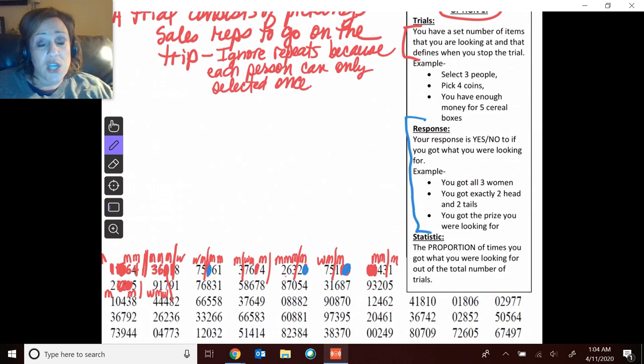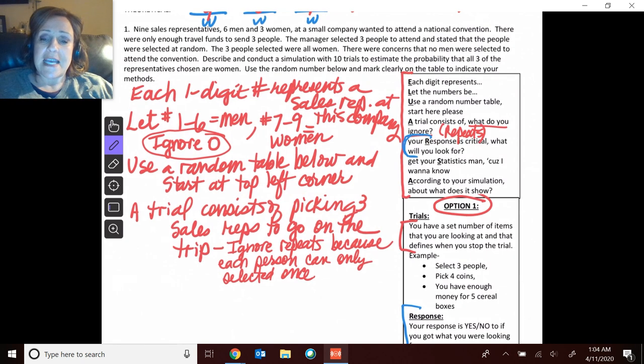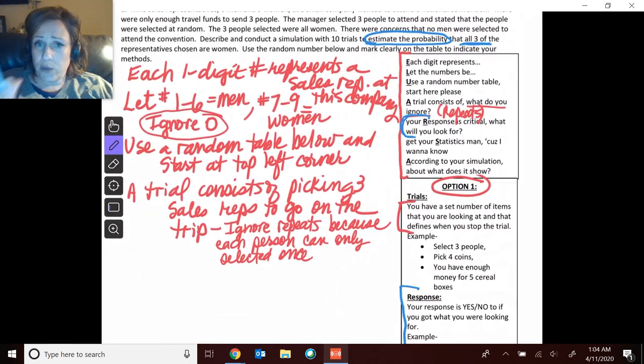So the response we have at the end of each trial is not just who went: man, man, woman. Remember that our original question was to estimate the probability that all three of the representatives chosen are women.